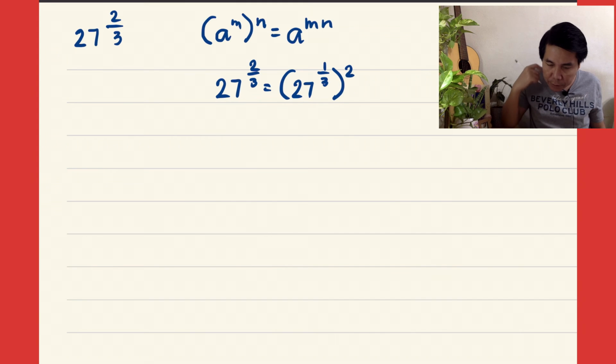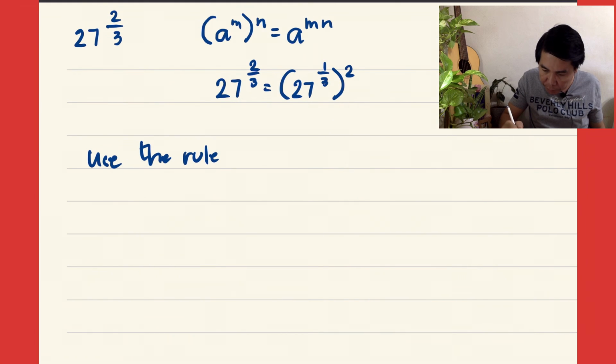Okay, so using the rule, okay, let's use the rule. We have a raised to the power of 1 over n equals the nth root of a.